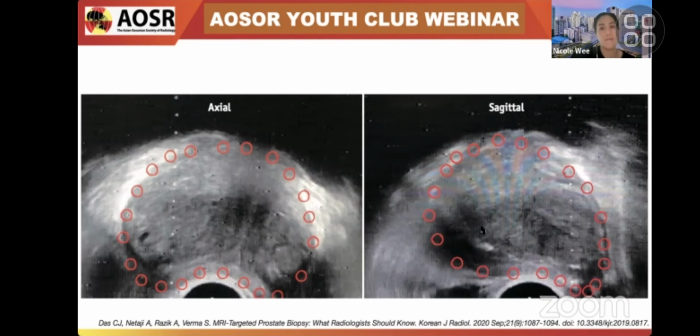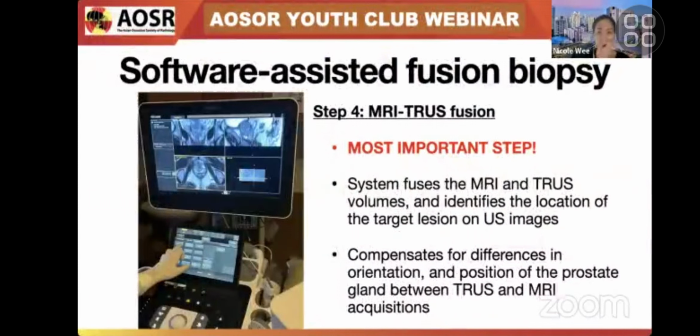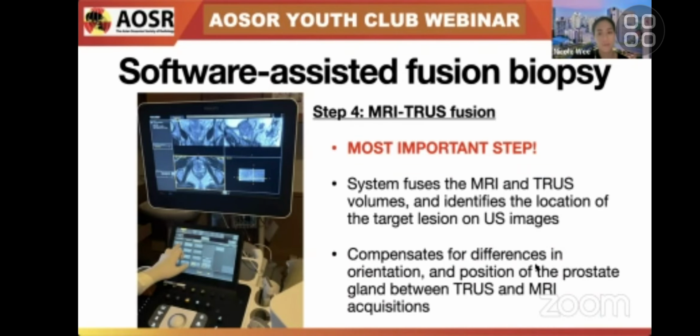The fourth step is actually the most important step, in which the system fuses the MRI as well as the TRUS volumes and presumptively identifies the location of the target lesion on the ultrasound images. Software-based fusion can be rigid or non-rigid, as mentioned earlier, to compensate for the differences in orientation and position of the prostate gland between TRUS and MR acquisitions.